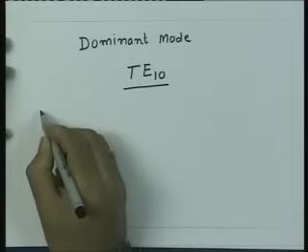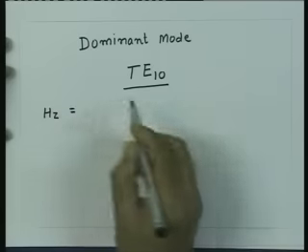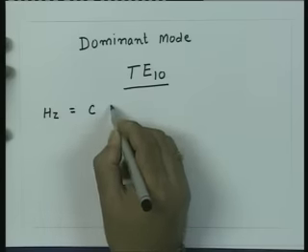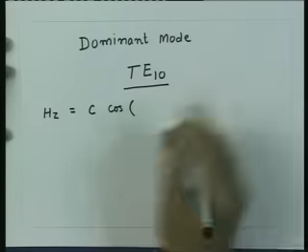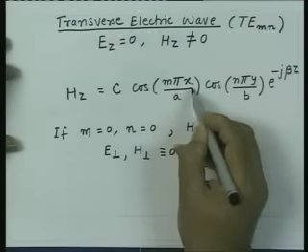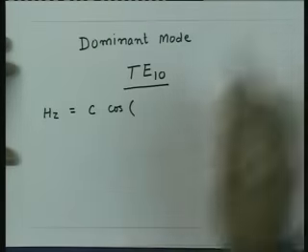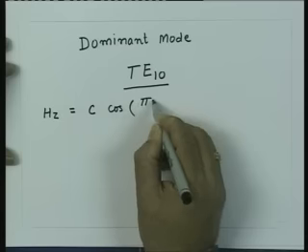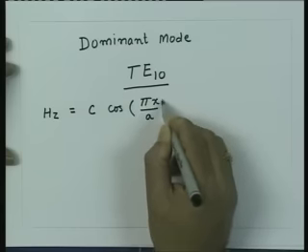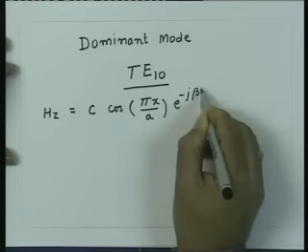So, for this case, Hz is equal to the constant times cos of m pi upon a into x, with m equal to 1, and the n term is 0. So this will be c cos of pi x by a e to the power minus j beta z.